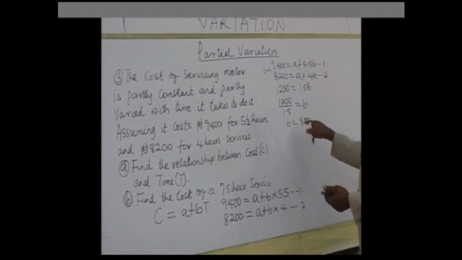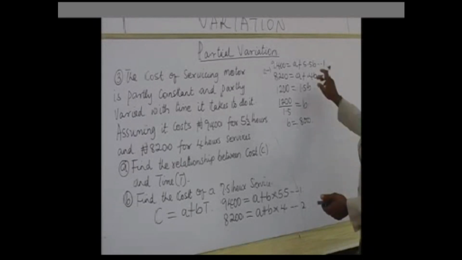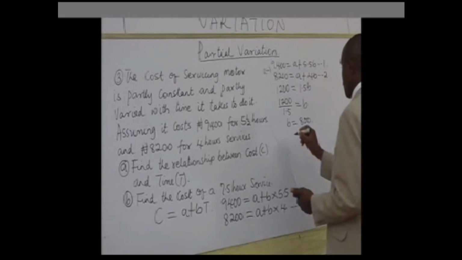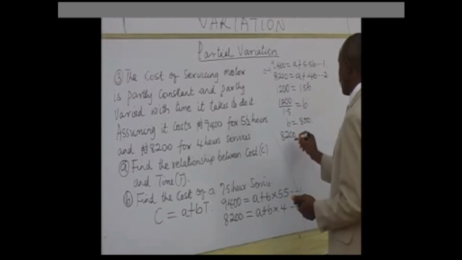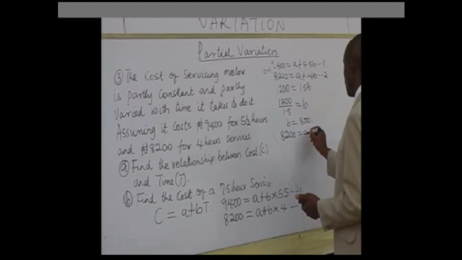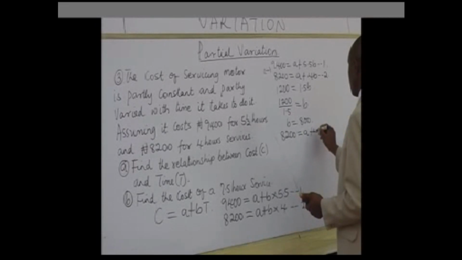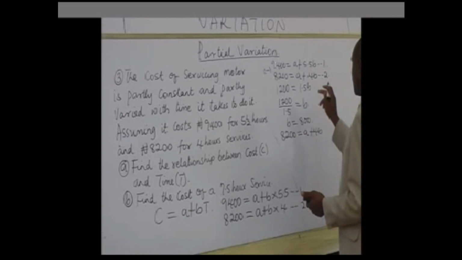Now substitute 800 for B in, let's say, equation 2 now. Equation 2 is 8,200 is equal to A plus 4B. But our B is 800.